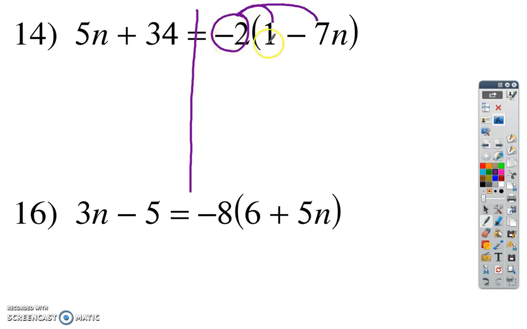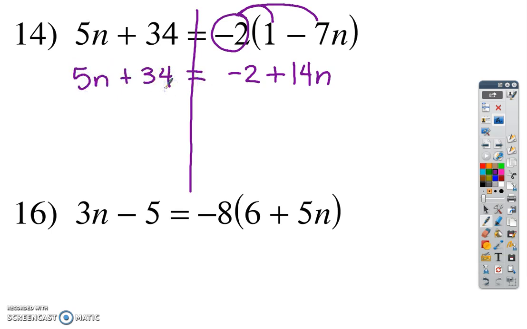So what's -2 times 1? -2. And what's -2 times -7n? Positive 14n. Because it's a negative times a negative, becomes a positive. Bring everything else down, equal 5n plus 34.